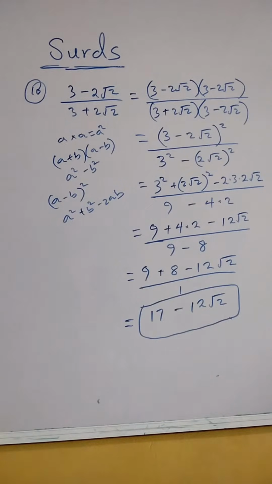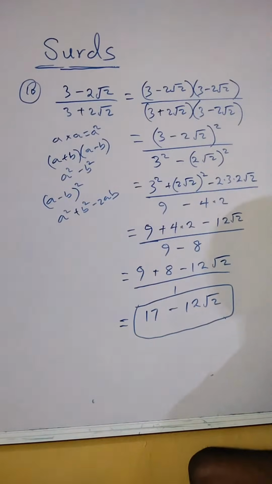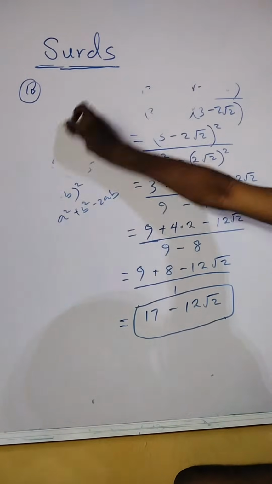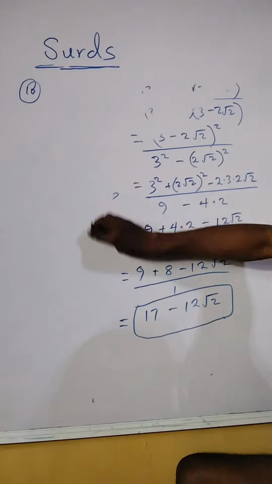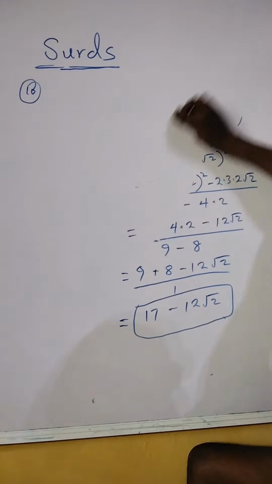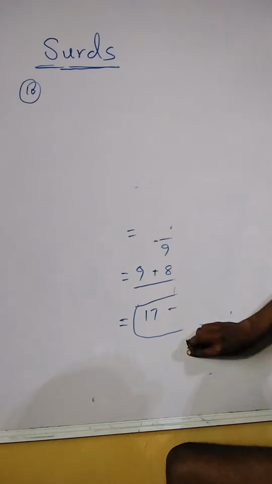All right. Now let's consider another one, which is also an interesting one in this particular class. We want to label this as question number 11. This is also an interesting question on this particular surd problem.